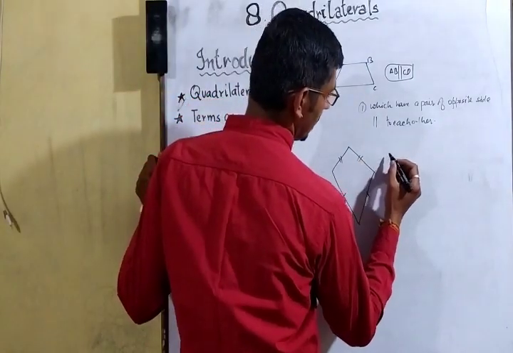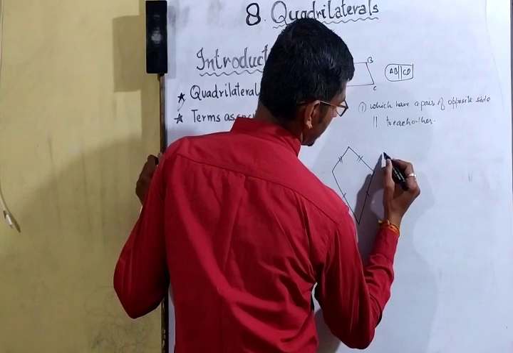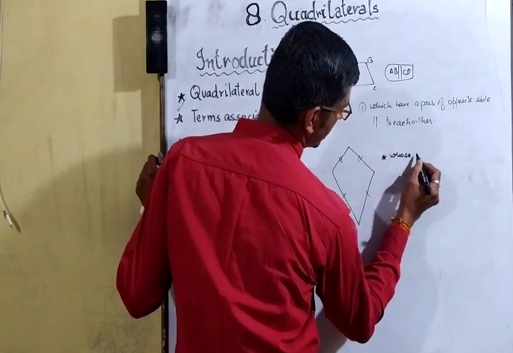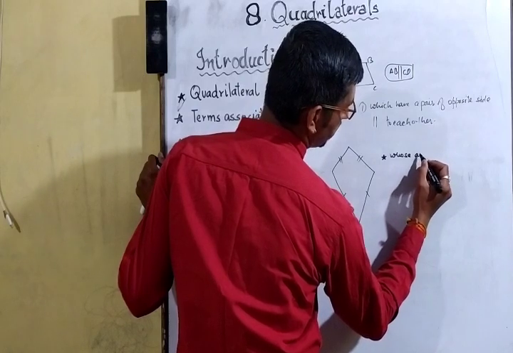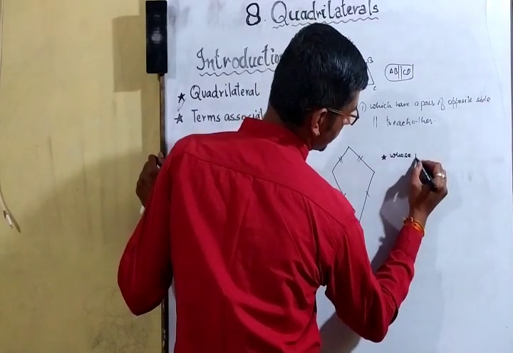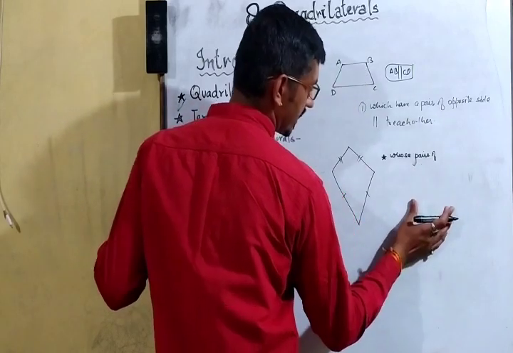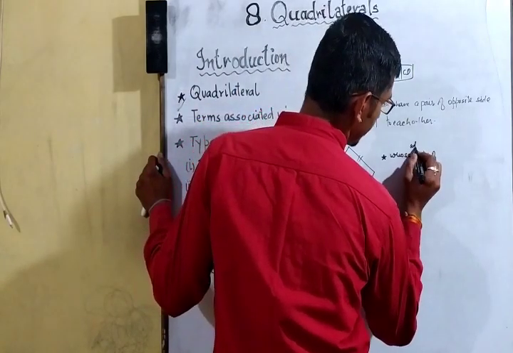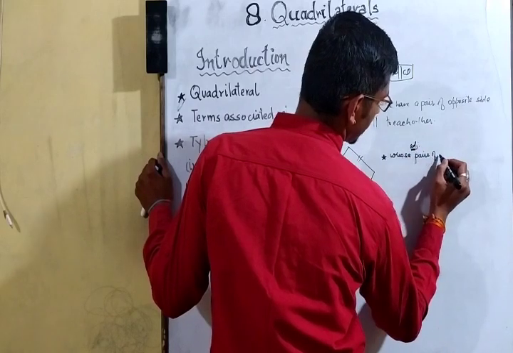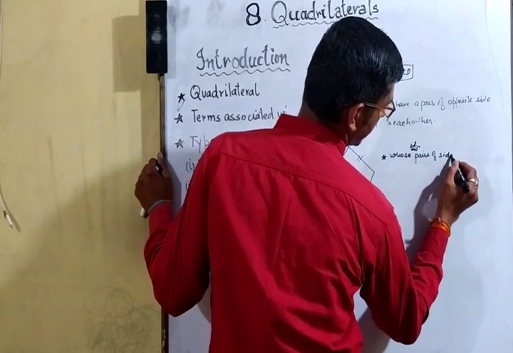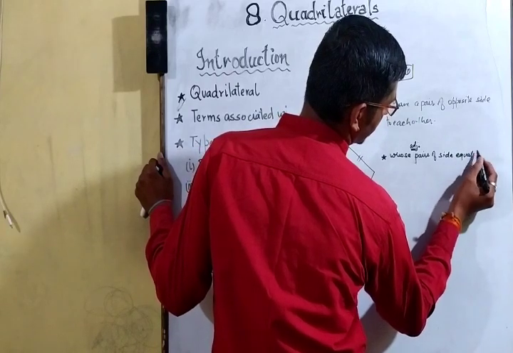Okay. Here you will write the property of kite, whose pairs of adjacent sides are equal to each other.